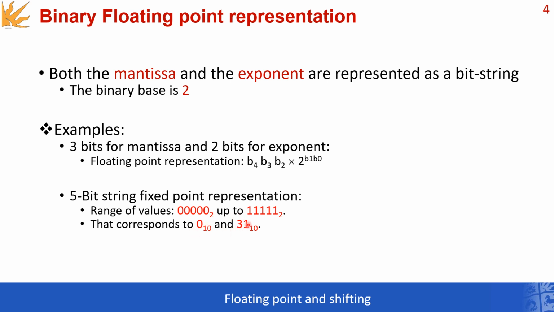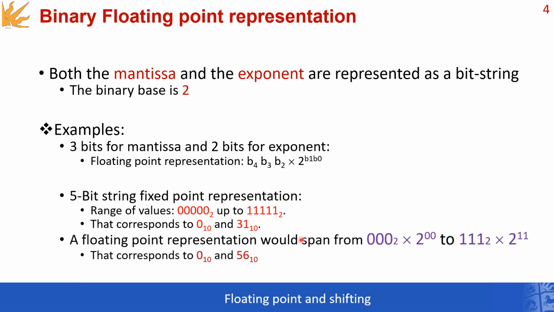If you count those numbers, they are 32, or otherwise 2 to the power of 5. Now, by unlocking the floating point, the representation spans from 0 to this number over here, which is 56. Now notice the difference. We had numbers that span between 0 and 31, and now numbers that span between 0 and 56. In the next slide, we're going to explain where this happens.